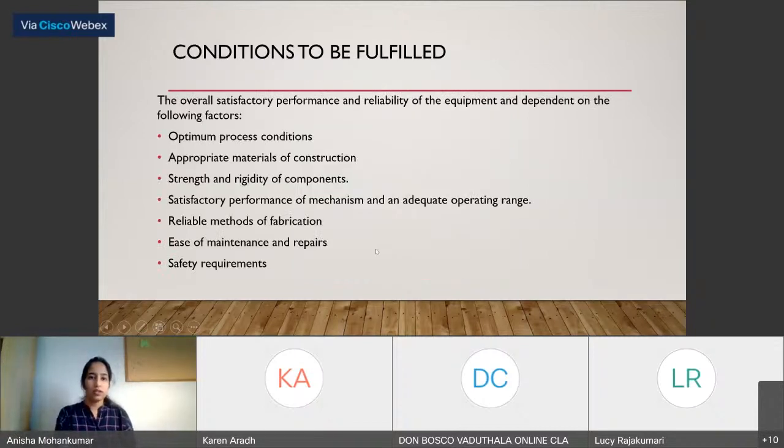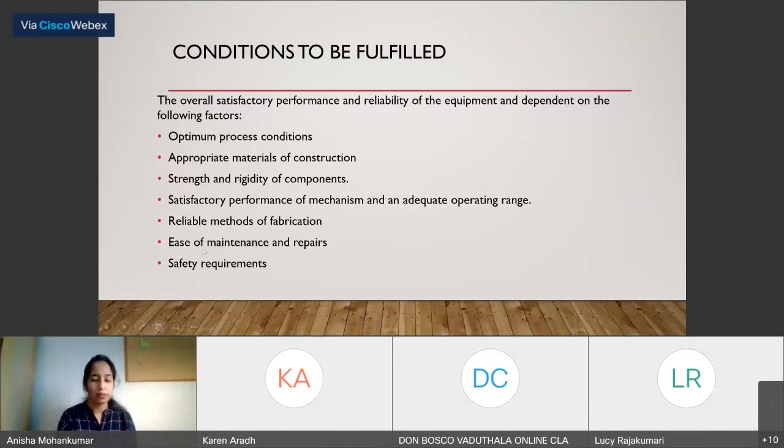So the conditions to be fulfilled when you install a plant are optimum process conditions and appropriate material of construction for the equipment, and you should make sure that your designed equipment has proper strength and rigidity, and you test them in a pilot plant, as I said. You make sure that they have satisfactory performance, that they stay in the range you've set and don't deviate much, and that the deviation is limited to a very low level.